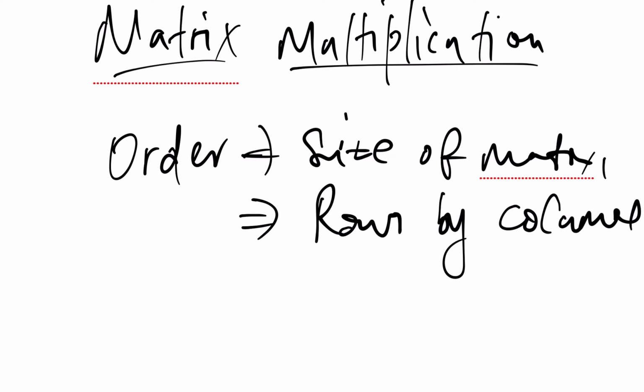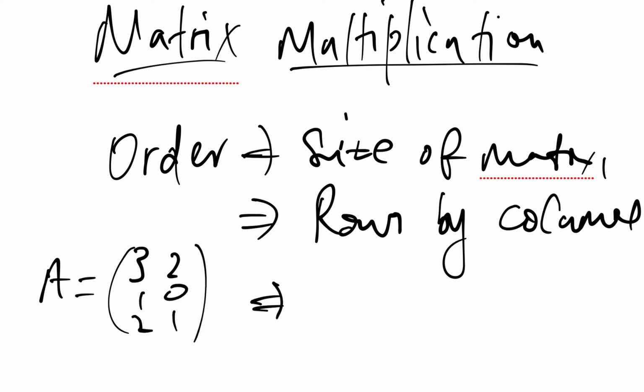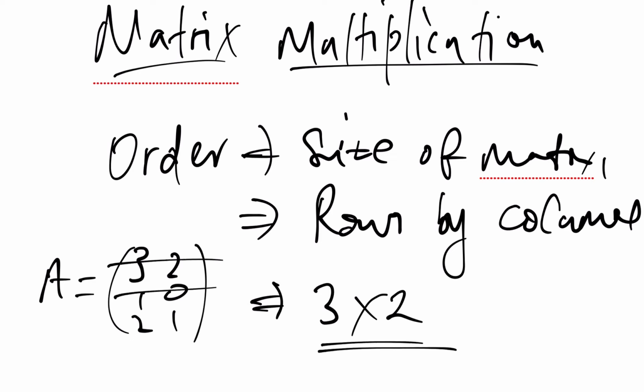For instance, if we have a matrix A, this matrix is a 3 by 2 matrix. The order is 3 by 2 because we have 1, 2, 3 rows and 1, 2 columns.